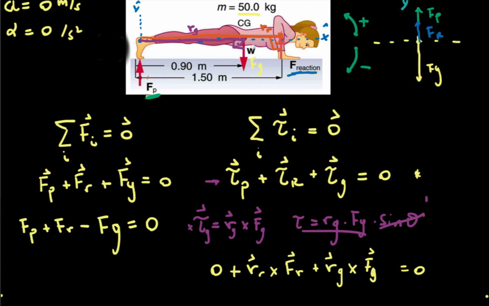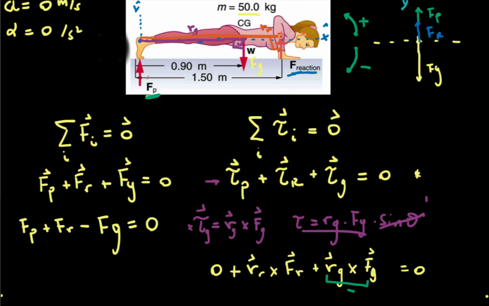If you look at this weight here, just imagine this person can rotate around this point, at point 0. This force is going to want to rotate it the negative way, so this quantity here will be negative.